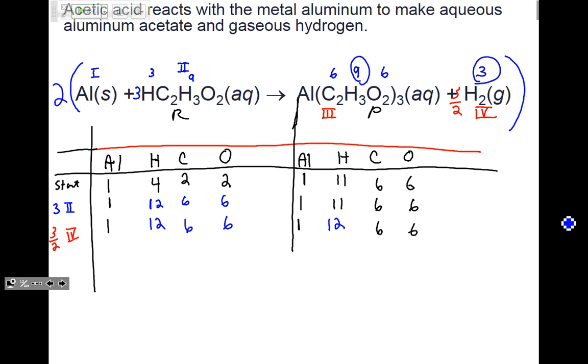So when we multiply our entire equation by 2, we will get 2Al solid plus 3 times 2 is 6, aqueous, because it's dissolved in water, because it's an acid. That puts us 2 in front of species 3.